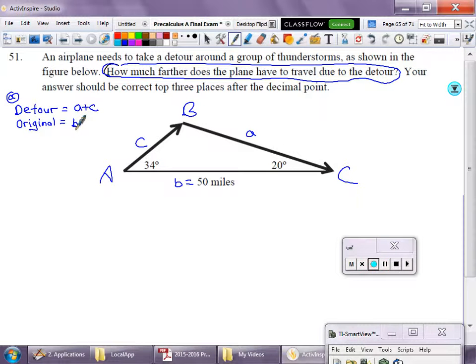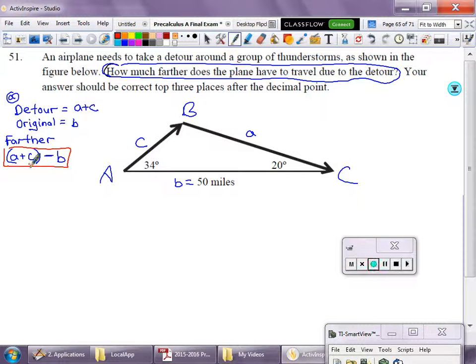And to find out how much farther, how much farther is the detour? It's going to be A plus C, that sum, minus B. Because the detour is longer, you're taking two sides, and that is our plan. So we need to find side A, side C, we already have B. Add them together.